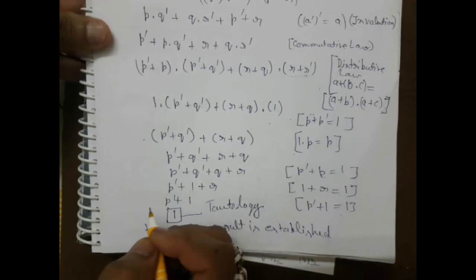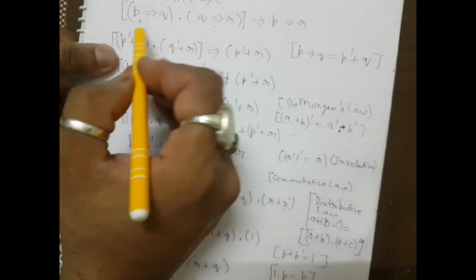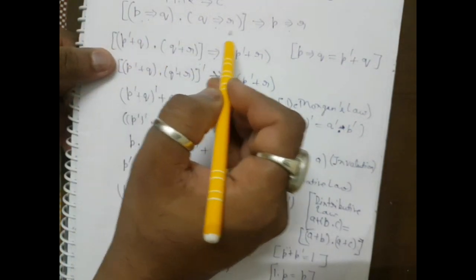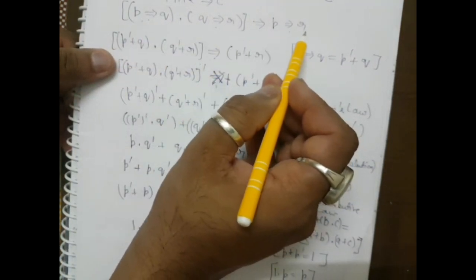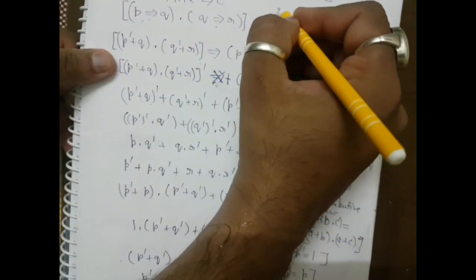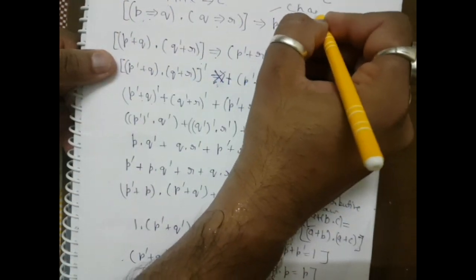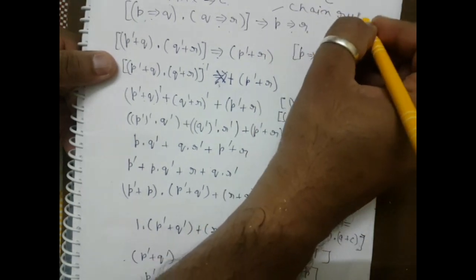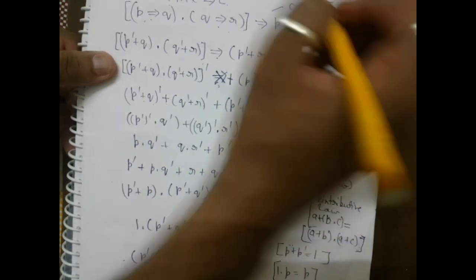And students, this P conditional Q dot Q conditional R, conditional P conditional R is known as the chain rule, which I will discuss in some other video. Just remember the name as of now. I hope everybody has understood it well. Thanks everyone.